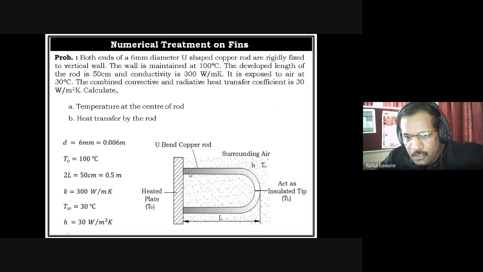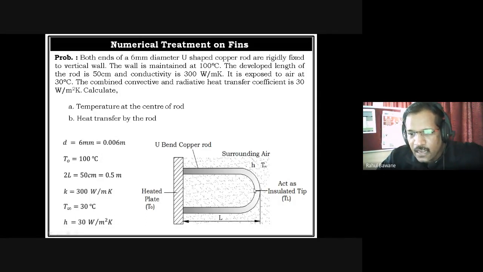So heat will travel up to the center point from both ends, and exactly at the center both side temperatures at this tip will be the same. So at this center it will neither cross from left to right nor right to left. That means it is treated as an insulated fin. At the center it is just like an insulation. It is not going to pass to the second side. So it is an insulated fin.